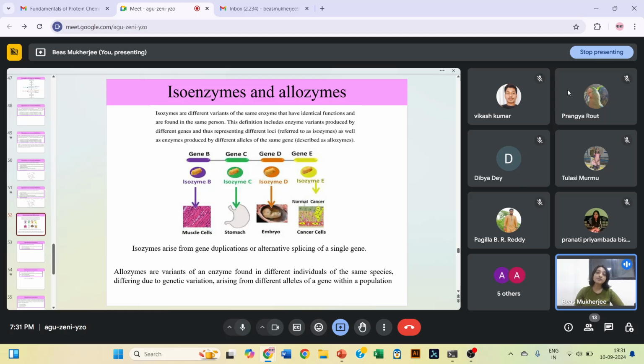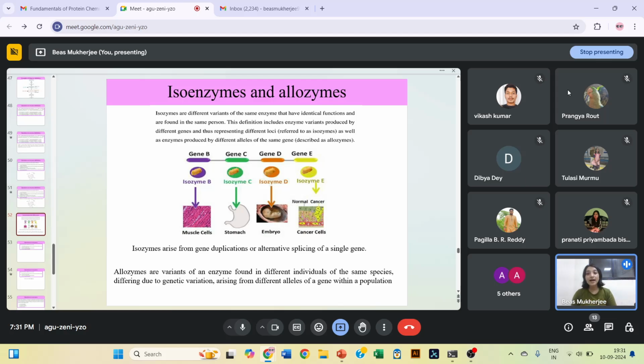Okay, so isozymes or isoenzymes are different variants of the same enzyme, but they have identical functions and are found in the same person. This definition includes enzyme variants produced by different genes. You can see gene B, C, D and E. All of these are variants of the same gene that are now different, and they are producing different isozymes of the same enzyme.